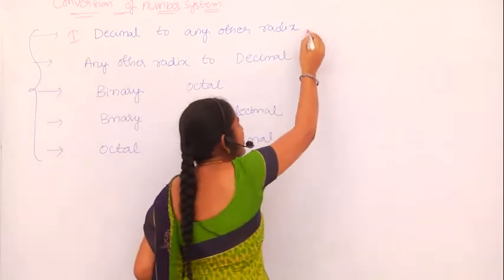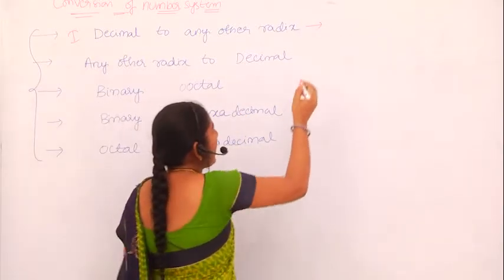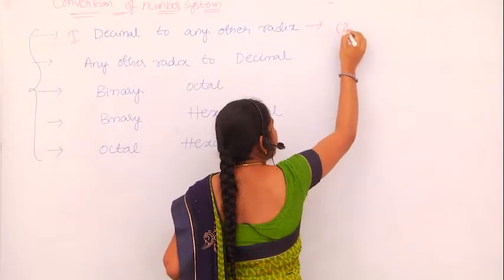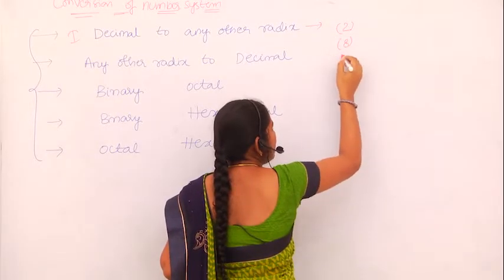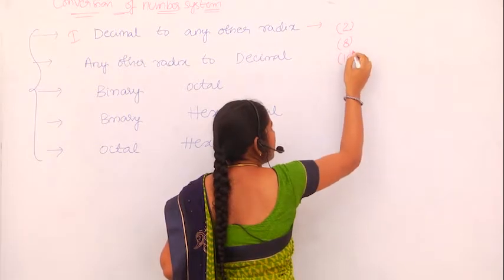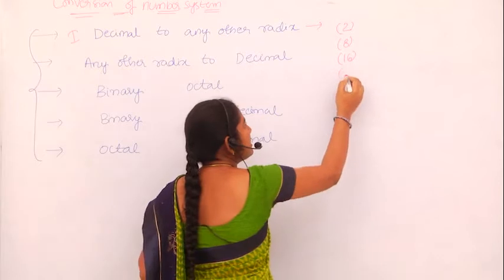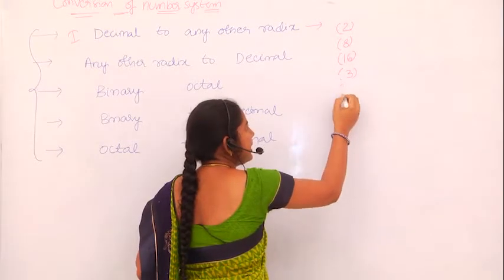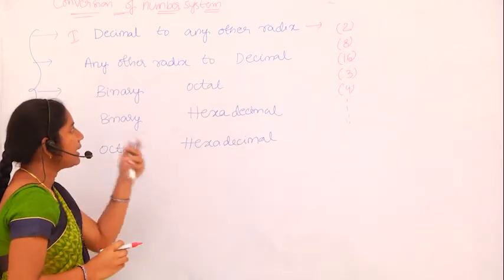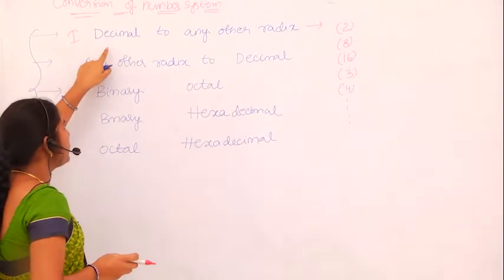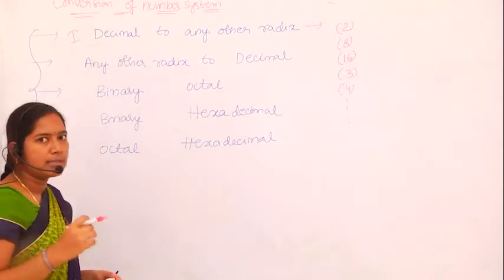Decimal to any other means the number system which has a radix 2, or radix 8, or radix 16, or else the number system may have a radix 3 or 4, like that. Whatever may be the radix value, we can convert decimal into that radix value. That is the first one.